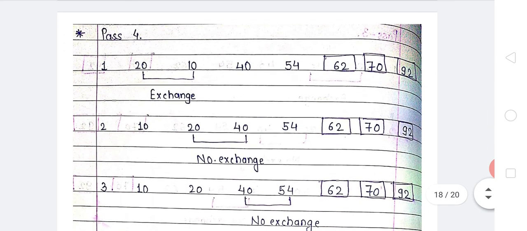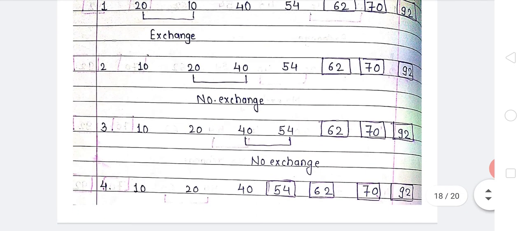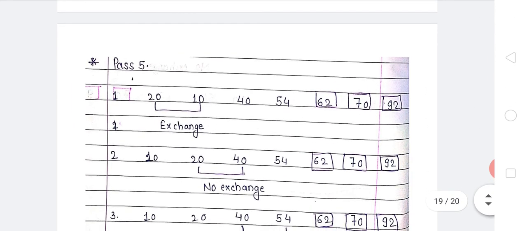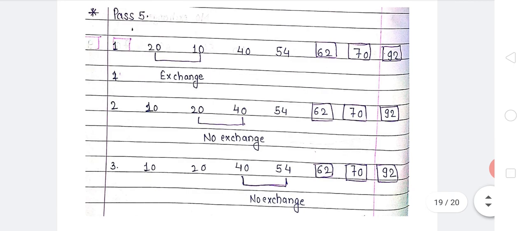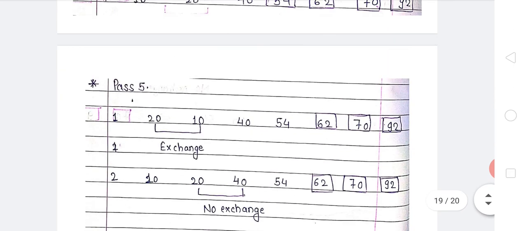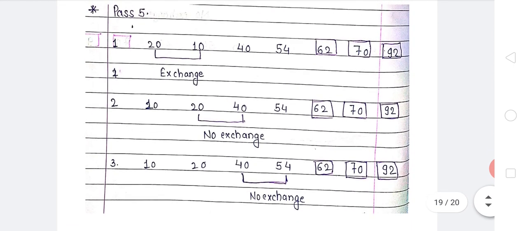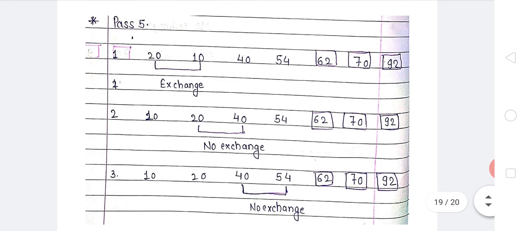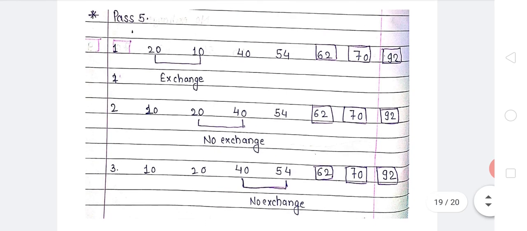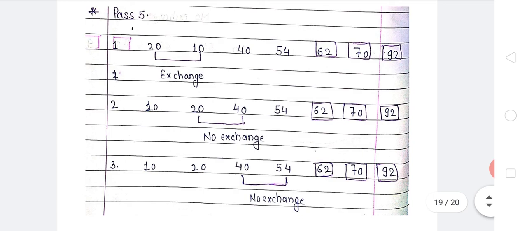Likewise, we can compare all the elements with each other and we will get the final sorted list. Also we can see the last step, which is pass number 5.